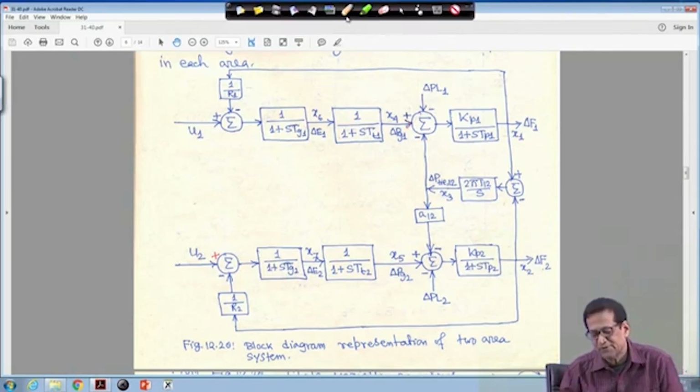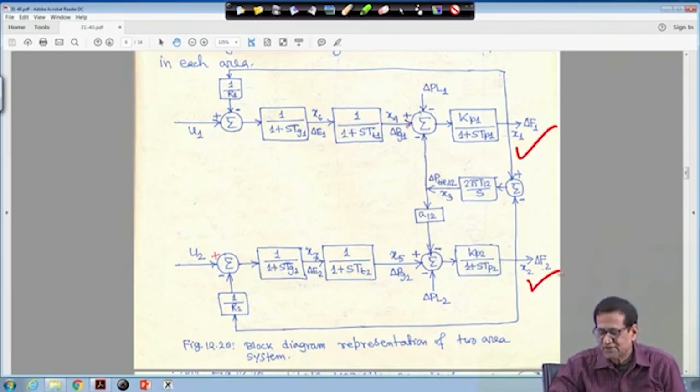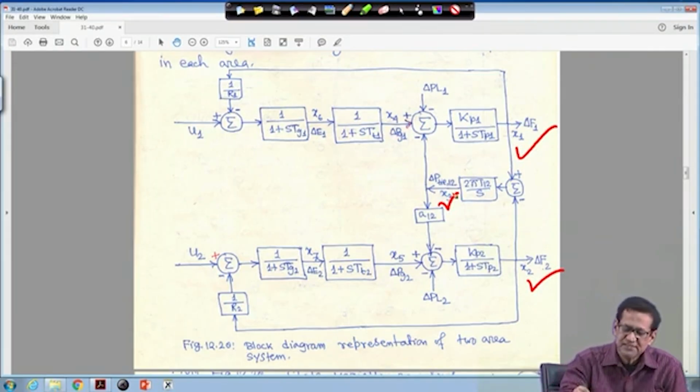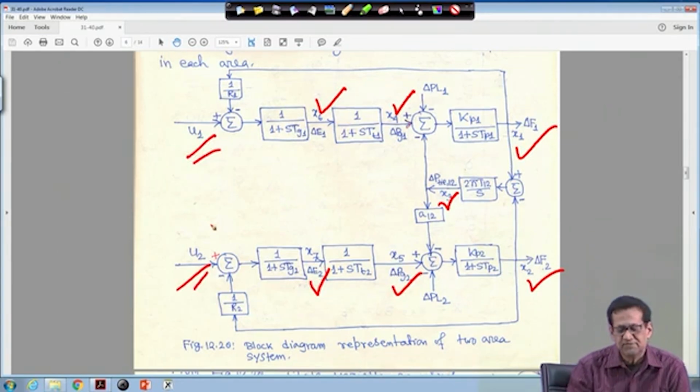In this case, if you look, there are 7 state variables. This is x1, that is delta f1, x2 I have marked as delta f2, and this is x3, that is your delta P tie 1-2. x4 is delta Pg1, x5 is delta Pg2, x6 is delta E1, x7 is delta E2. This is U1 and U2, coming from the supplementary controller that will be seen later.